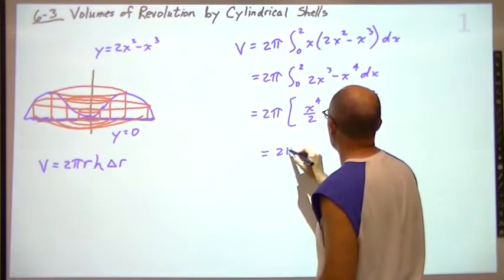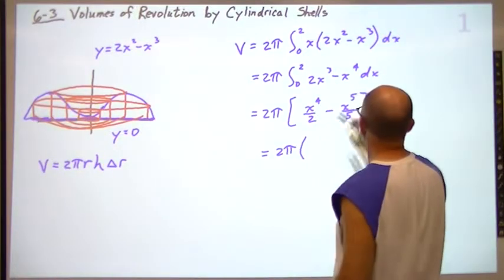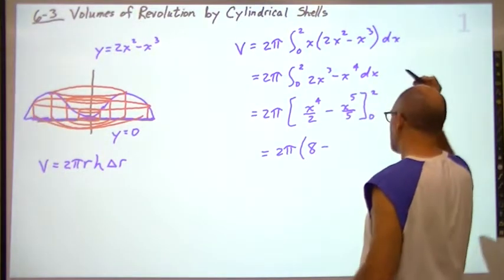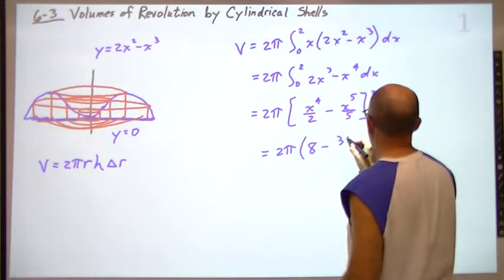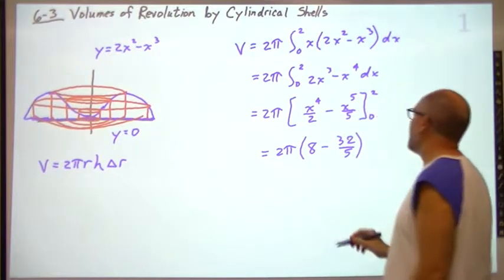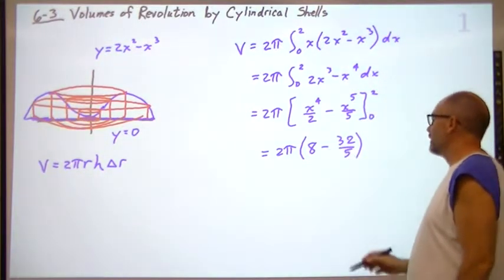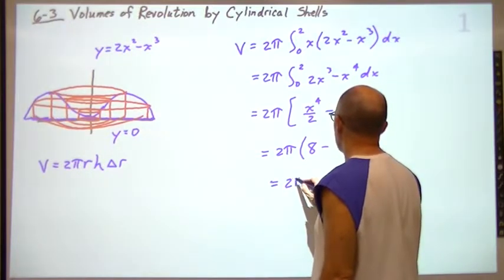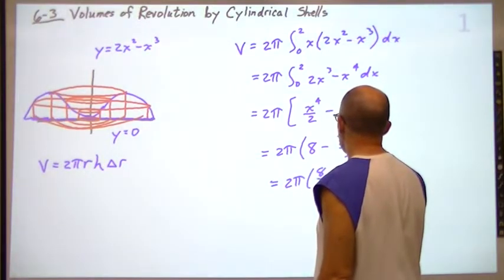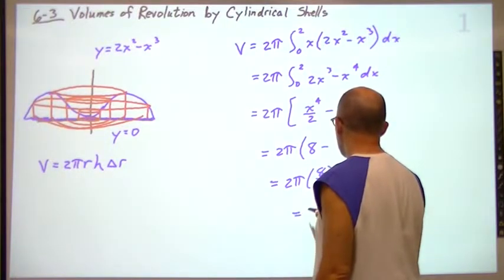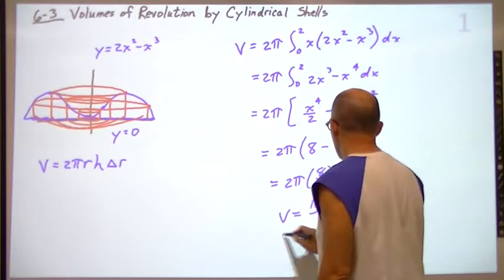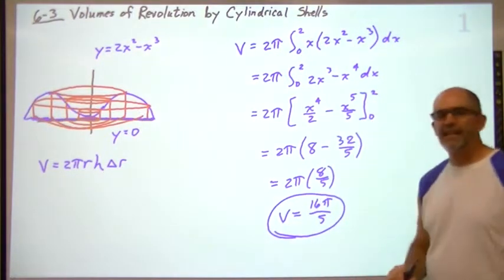And so that gives us 2 pi times 2 to the 4th, which is 16 over 2, which is 8, minus 2 to the 5th over 5, which is 32 over 5. And 8 is 40/5, so 40 minus 32 is 8/5. So we have 2 pi times 8/5. And that means we have 16 pi over 5 as our total volume. That's it, game over.